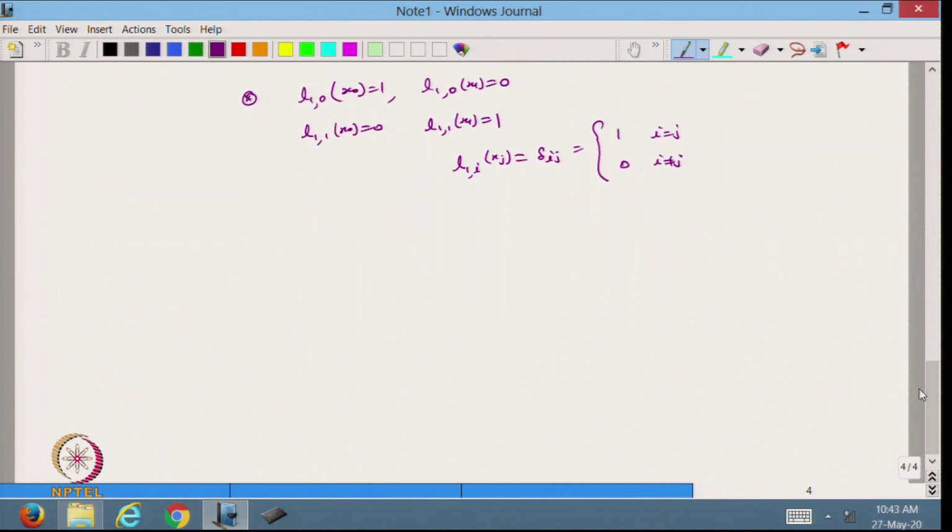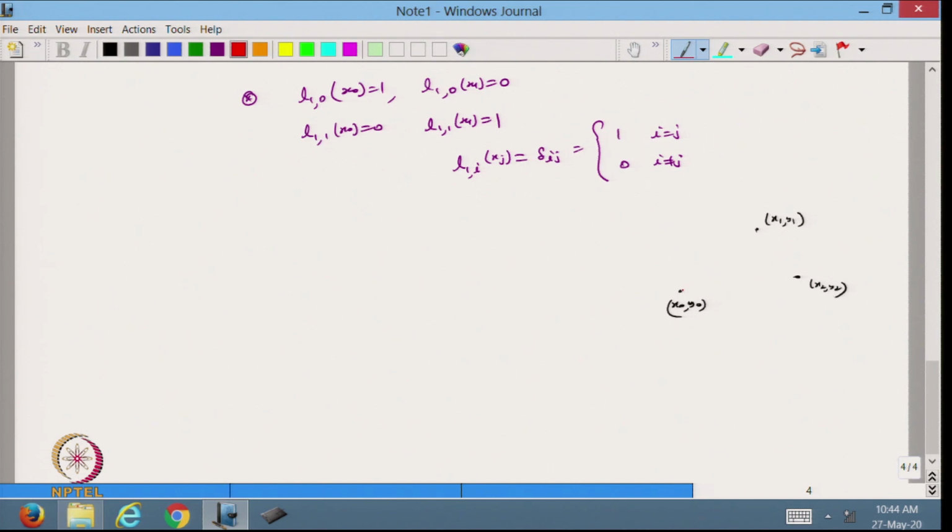Based on this, we have defined this only for 2 points. Similarly, suppose I have 3 points given to me, 1 point is here, 1 point is here, and 1 point is here. So, this is my x0, y0, and x2, y2. So, only 3 points are given to me.